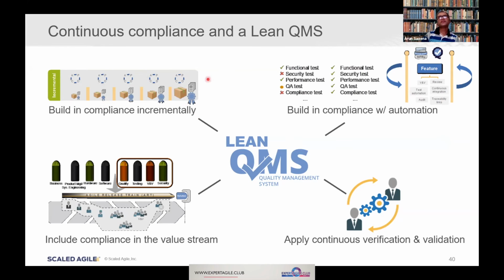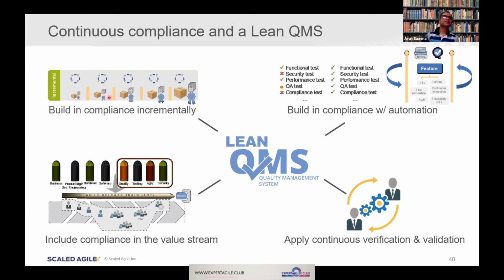So if all this is done later in the stage and we find that security is not good or compliance is not working, then this could be a challenge and it may delay the overall development of the technical program. So to ensure that, compliance should be built in with automation in terms of the CI/CD pipeline. So build in the compliance incrementally.